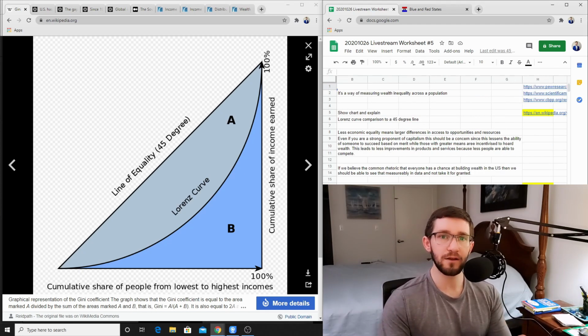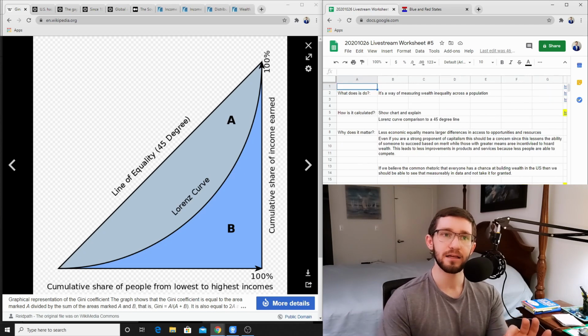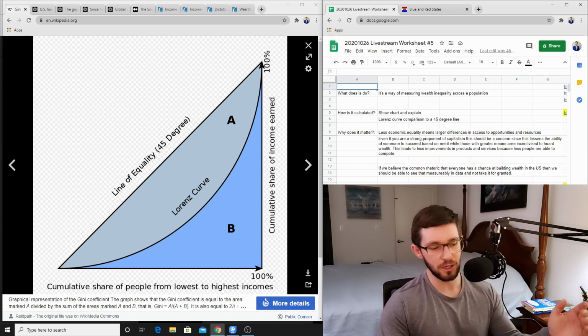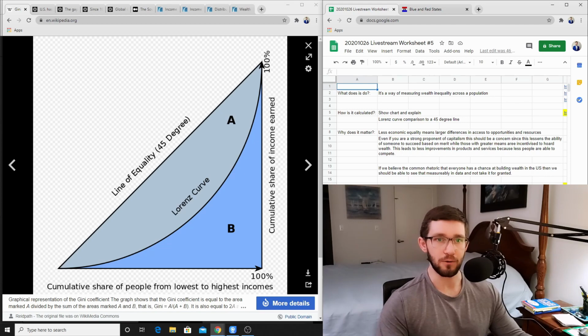Now, let's say you're a proponent of free market, laissez-faire capitalism, which most economies are not, since most are mixed economies. That does not exist in the world currently, or ever really. But let's say you were. The reason measuring economic inequality matters is because it should still be a concern, because it lessens the ability of someone to succeed based on merit.